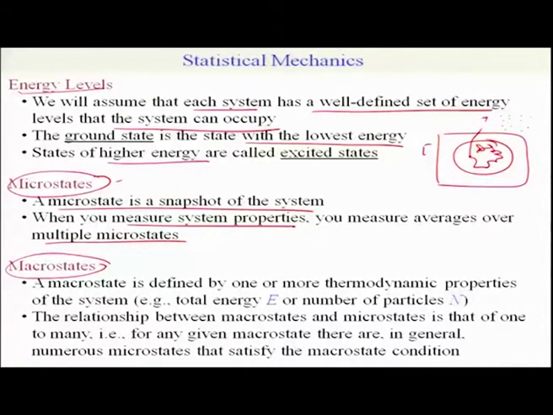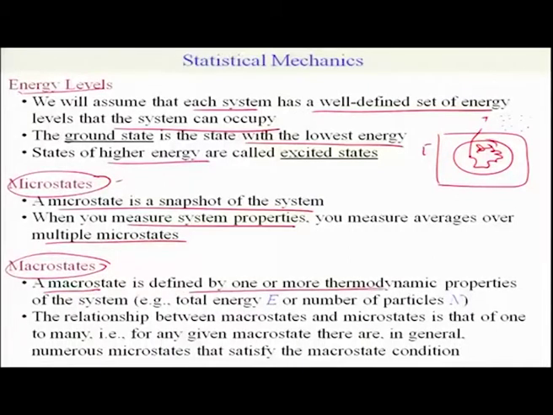For example, it could be an average of energy or an average of density, depending on the state variable. Now, in addition to microstate, we also make use of the terminology macrostate. A macrostate is defined by one or more thermodynamic properties of the system, such as total energy E or number of particles N. When you fix thermodynamic properties E, N, V, these lead to a macrostate.